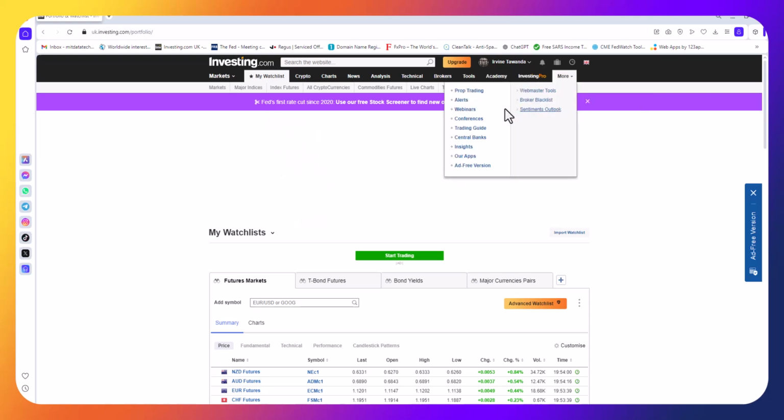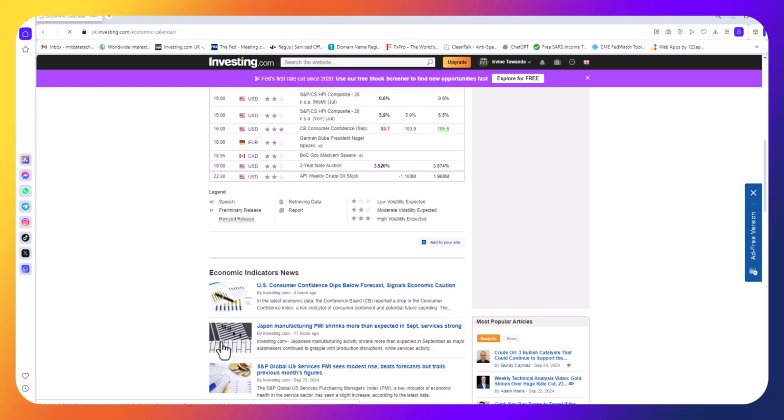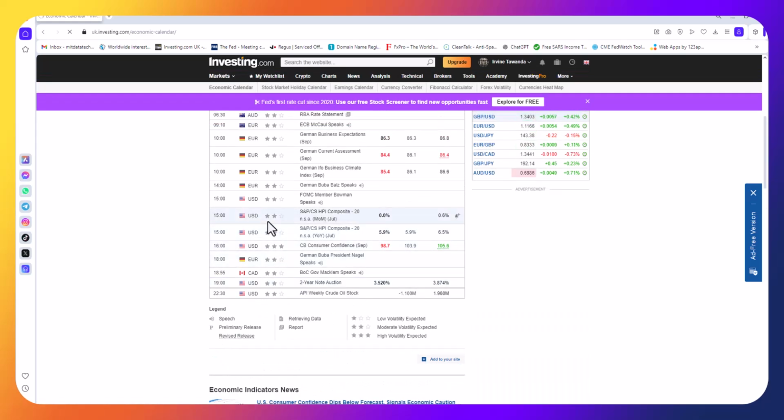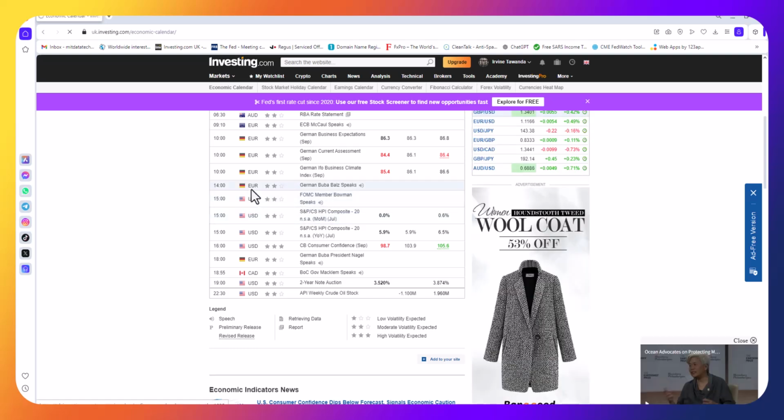So let me just go to the economic calendar quickly, so that you see how you link the two, right? So this is the economic calendar. At 1500 hours we had Bowman speaking, and then 3 o'clock we had HPI composite, which was unchanged. Then ultimately at 4 o'clock we had CB consumer index, which missed big time.